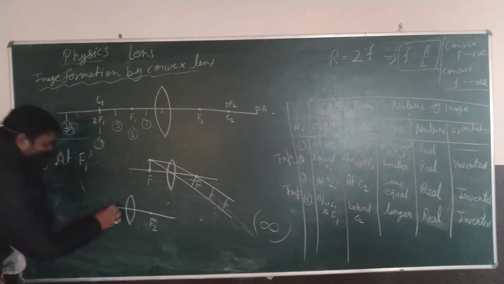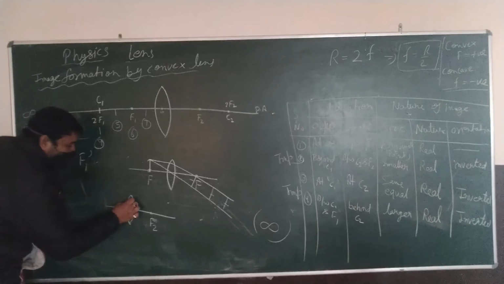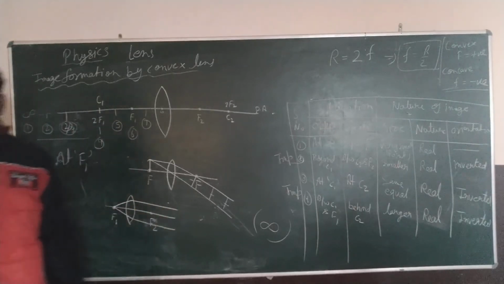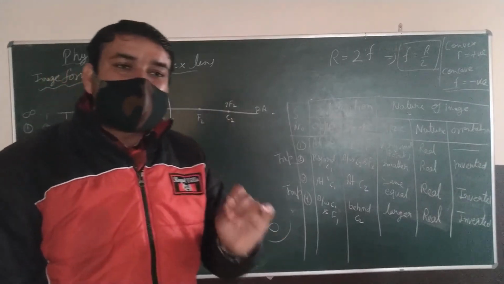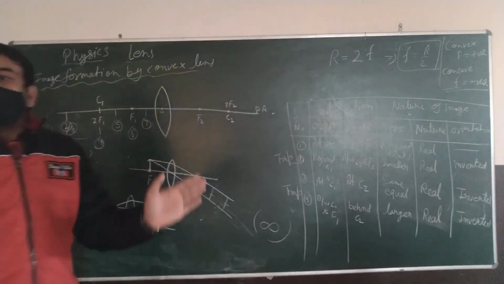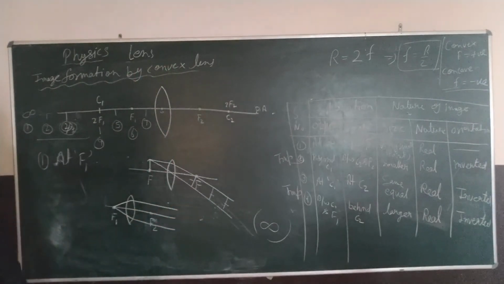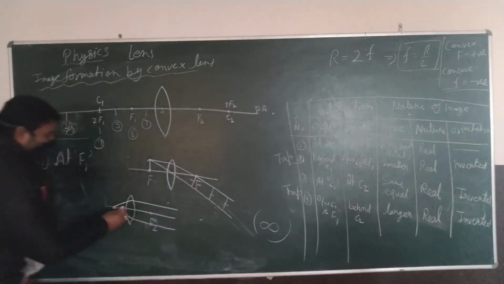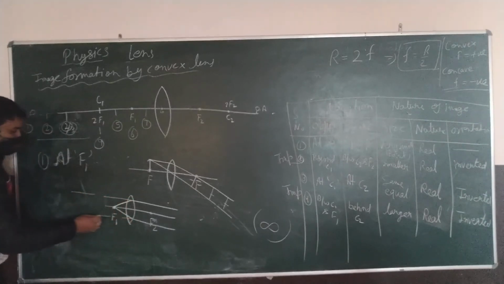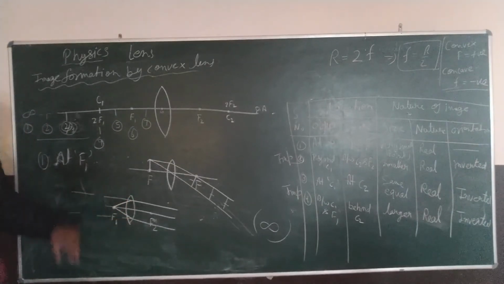For the second case, a ray which is traveling from the focus, after refraction goes parallel, and you also know that parallel rays never intersect each other. If you extend it in the backward side, you will find they do not intersect either.